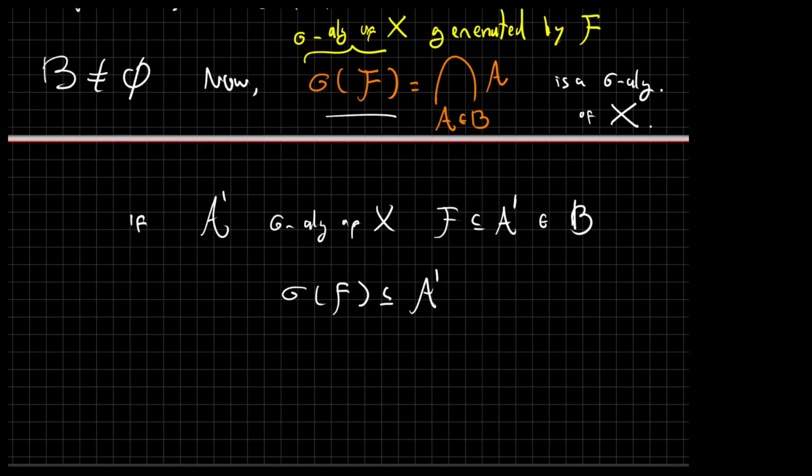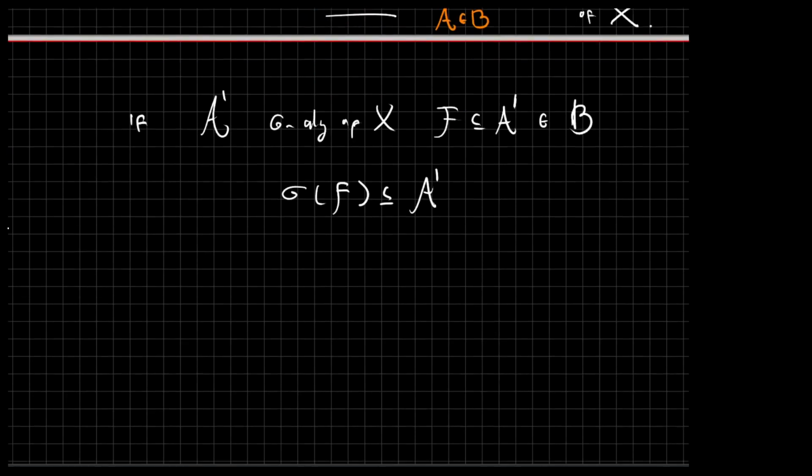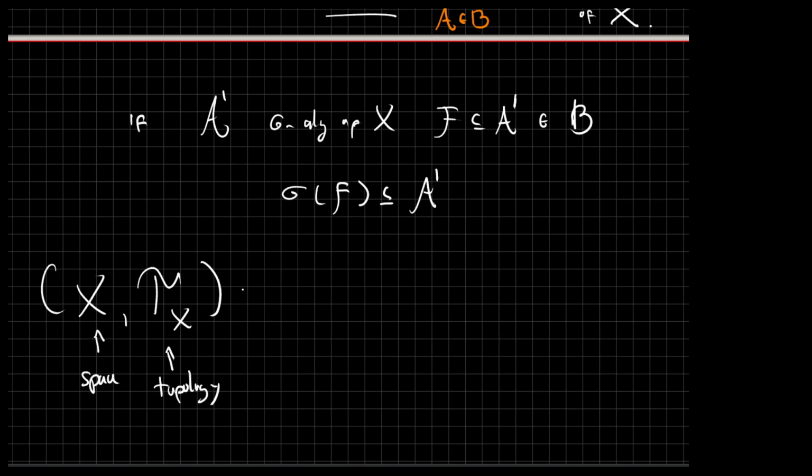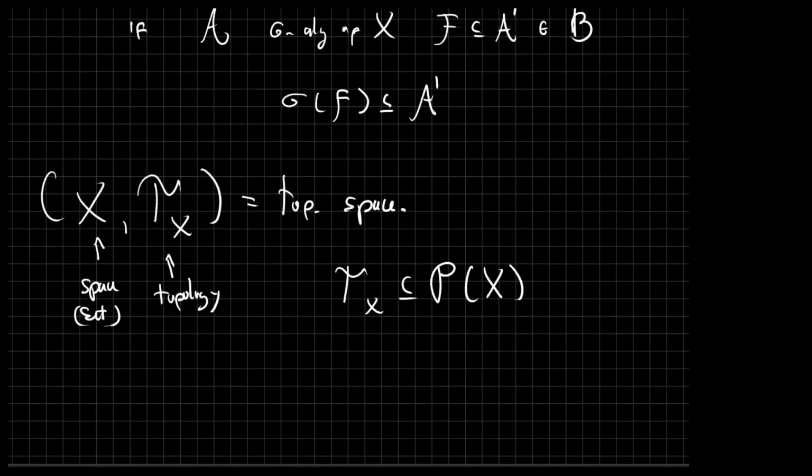So this is important because we can generate some sigma algebras that are interesting. Suppose we have a topological space here. This is the space and this is its topology. So the topological space, I mean, X is a set, right? So the topology, you know that the topology is included in the power set of X by definition.